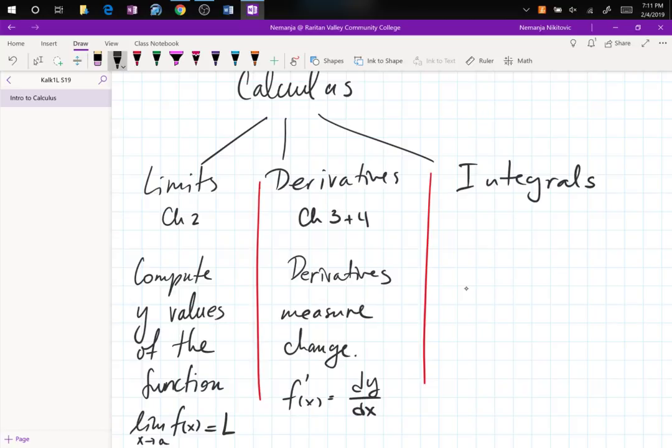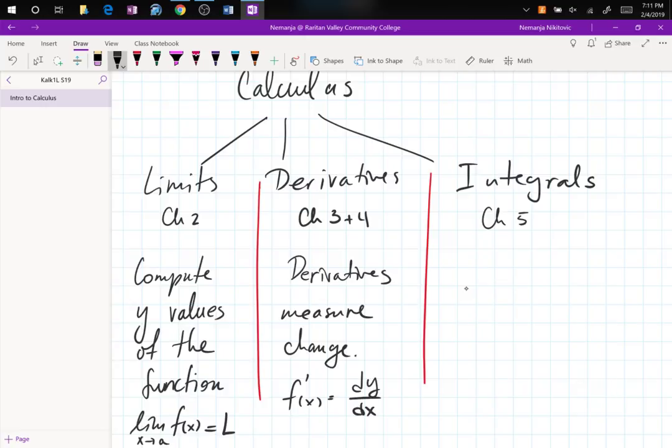And finally, integrals. For us, only chapter 5. You will continue with integration heavily in chapters 6, 7, and 8 in your Calculus 2. This is just the most important stuff, only 5 sections of integration in Calc 1. That covers accumulation. So integrals compute accumulation of stuff. You can use them to calculate areas, you can use them to calculate energy, and we'll see all different applications when we get there.